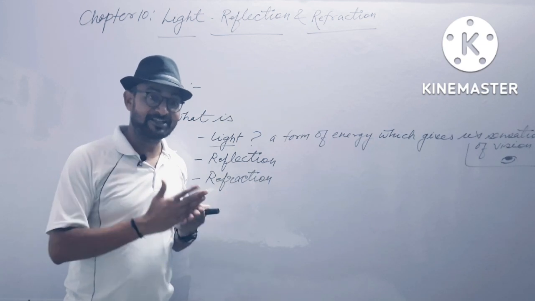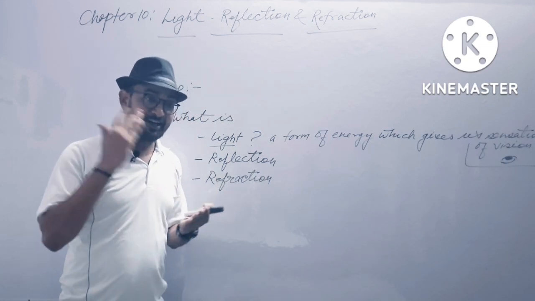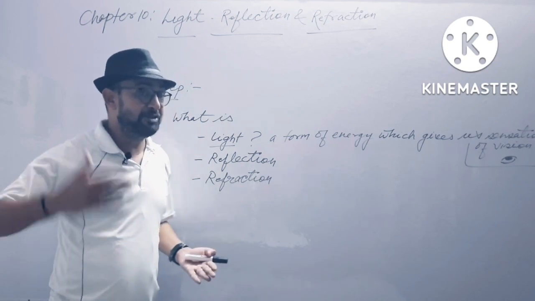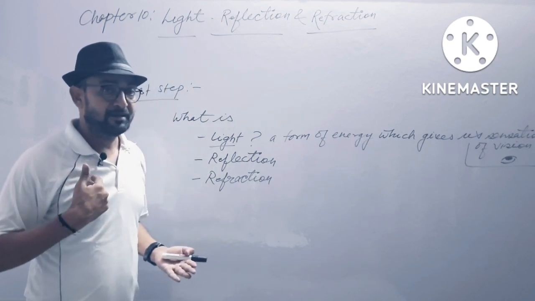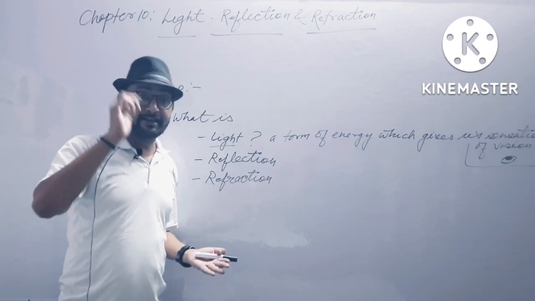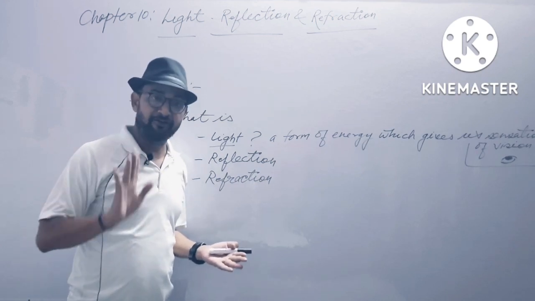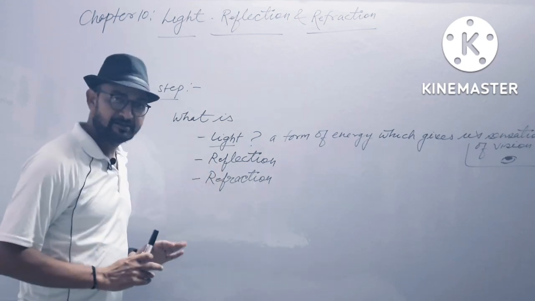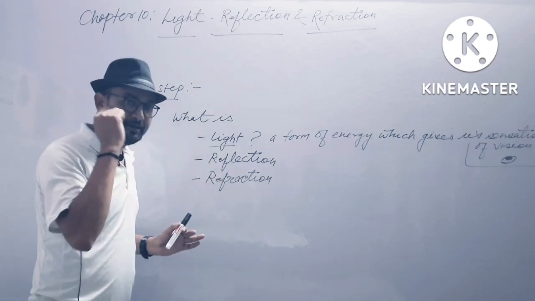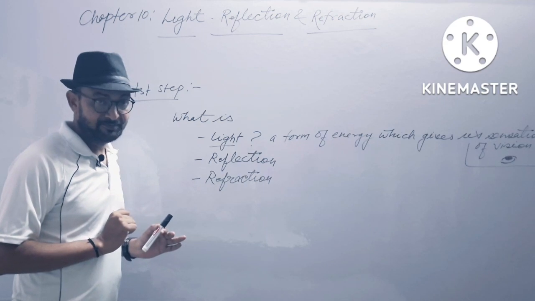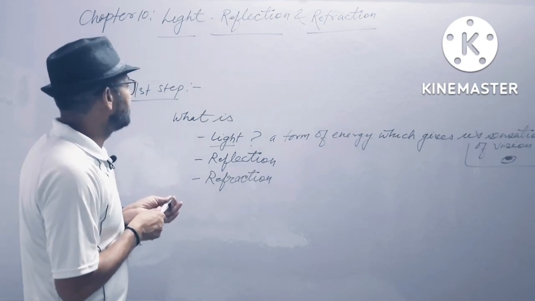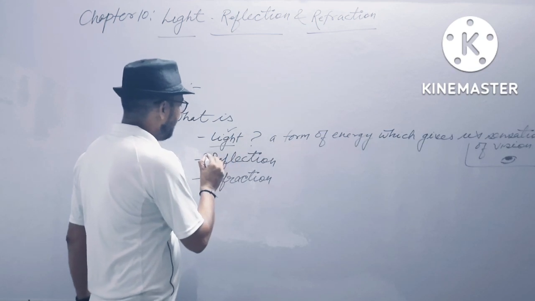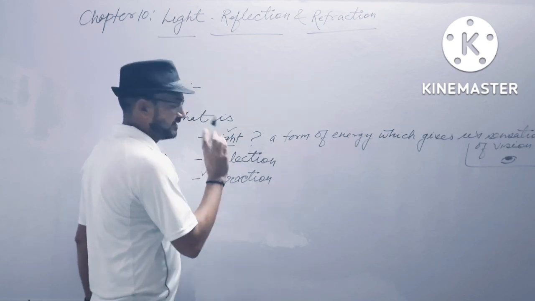It is very interesting topic, that how it is possible that you are able to see me and I am able to look at the camera of the phone. I am able to write all these things by watching by my eyes. How it is possible? It is possible because of light and reflection and refraction.